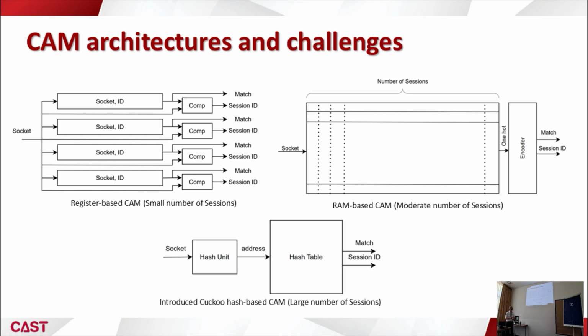The second architecture relies on RAMs and uses directly the input key as an address to access the memory blocks. However, this architecture also presents scalability issues when the number of sessions increases to a few thousand. To tackle this, we adopt a hash-based scheme.